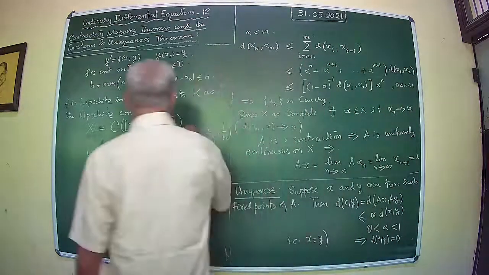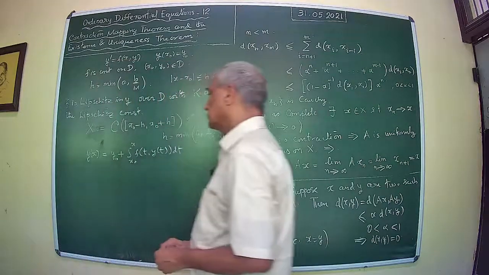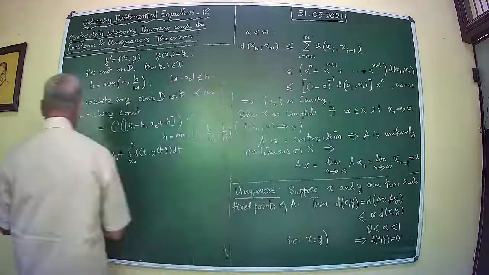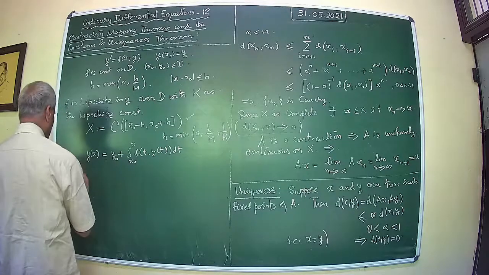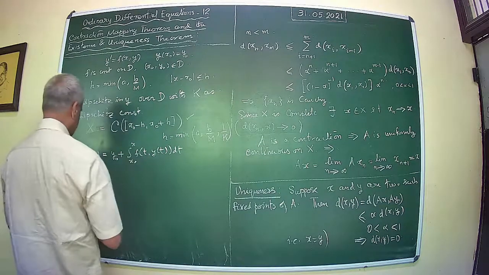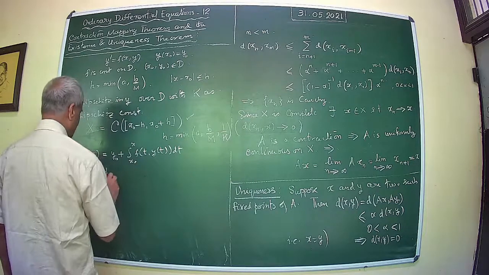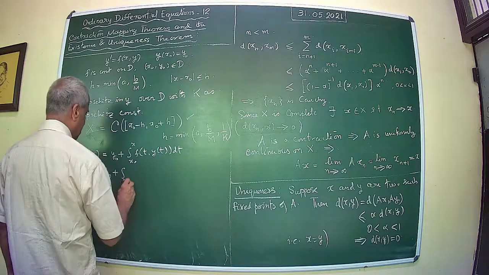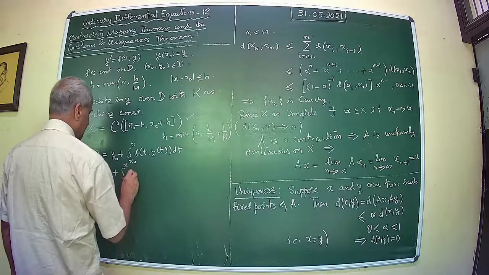So we take this as your X. Now what is your A? A of y you define as y naught plus the integral from x naught to x.